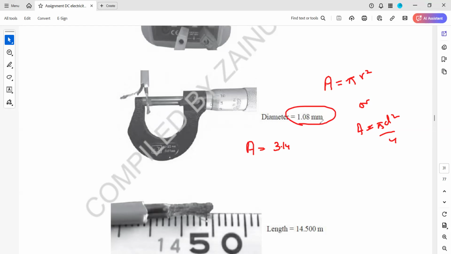But that is in millimeter, so you have to convert it into meter. So 1.08 divided by 1000, or 1.08 times 10 to the power minus 3, squared, divided by 4. What's the answer for the cross-sectional area? It is 3.14 times 1.08 times 10 to the power minus 3, squared, divided by 4.